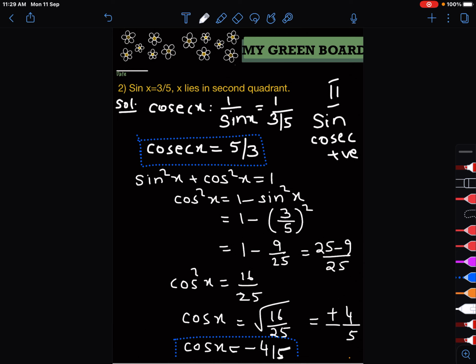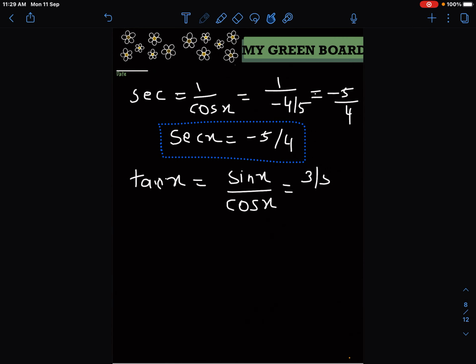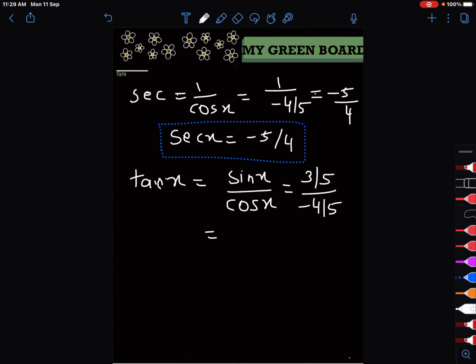So now we can just take the values 3 by 5 and minus 4 by 5. So tan x value you will be getting as 3 by 5 divided by minus 4 by 5. The division of a fraction would be the multiplication by its reciprocal. Okay, we know that. So the answer would be minus 3 by 4.